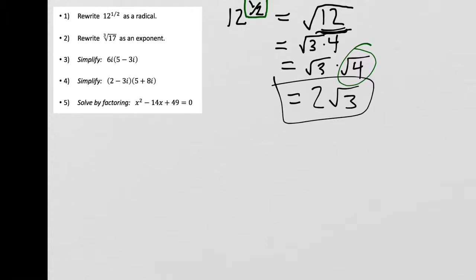Okay. Then we're going to look at number 2. How are we going to rewrite the cube root of 17 as an exponent? Well, I just told you that when you see this symbol here, that's a radical symbol, and that is equivalent to a fractional exponent.